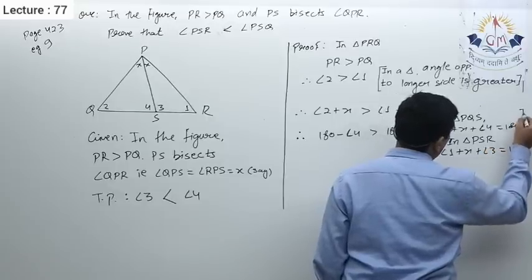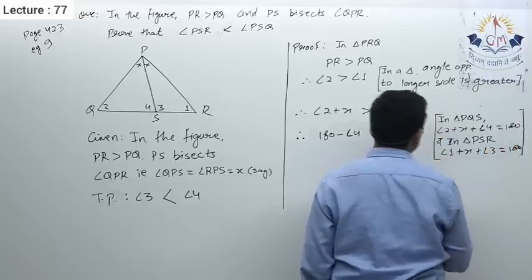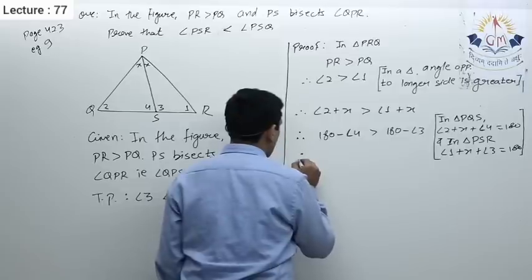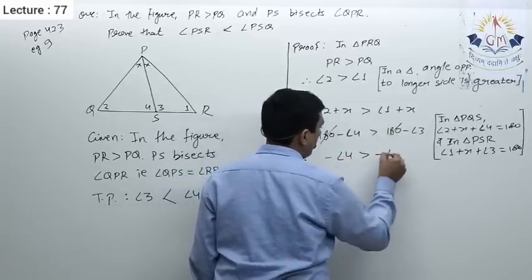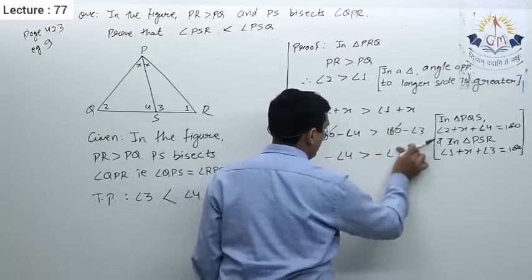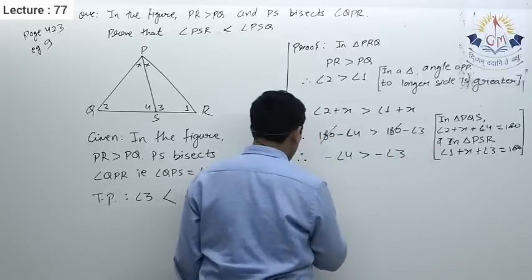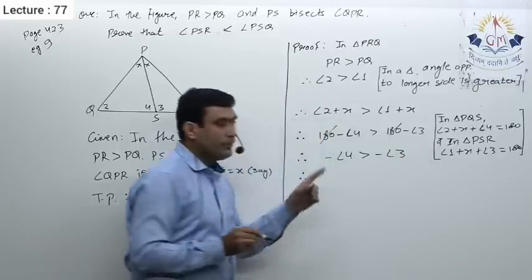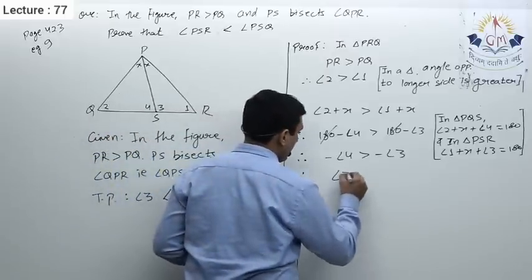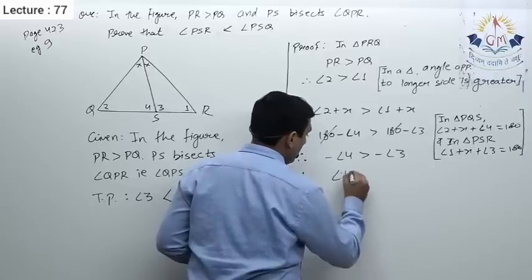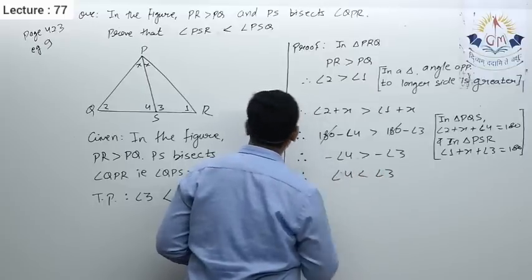So by the angle sum property I wrote this. Now I can cancel this 180. So minus of angle 4 is greater than minus of angle 3. And as I told you, whenever we multiply with a minus sign on both sides, the inequality sign will interchange. So here I can write angle 4 is less than angle 3.